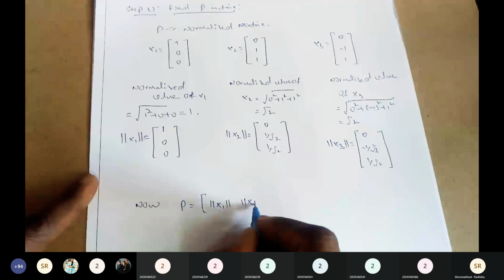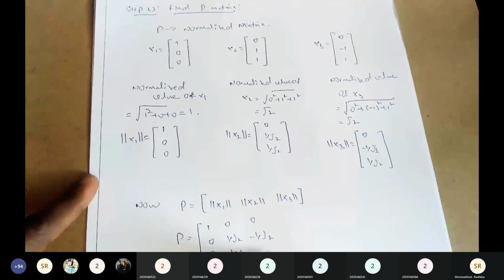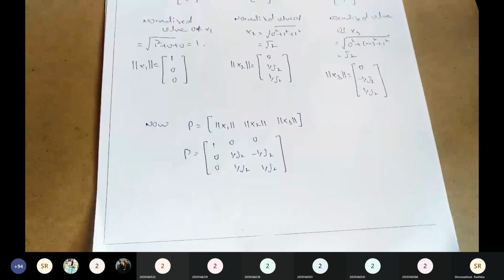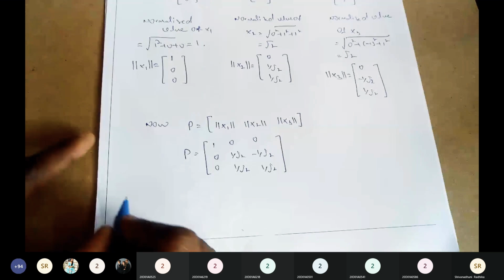The third one is 0, minus 1 by root 2 and 1 by root 2. Now capital P equals to that one. What is capital P? Normalized matrix.